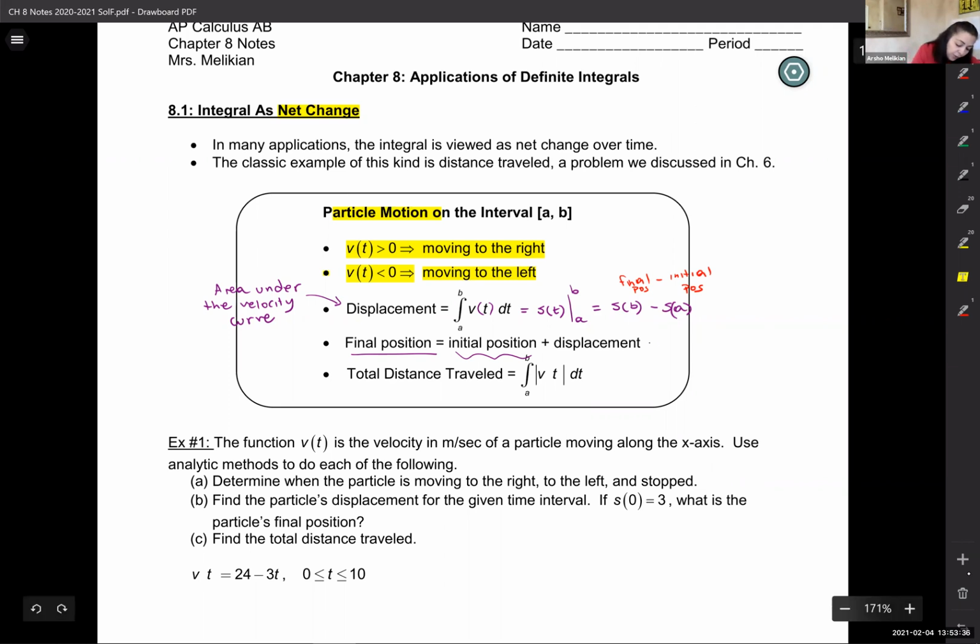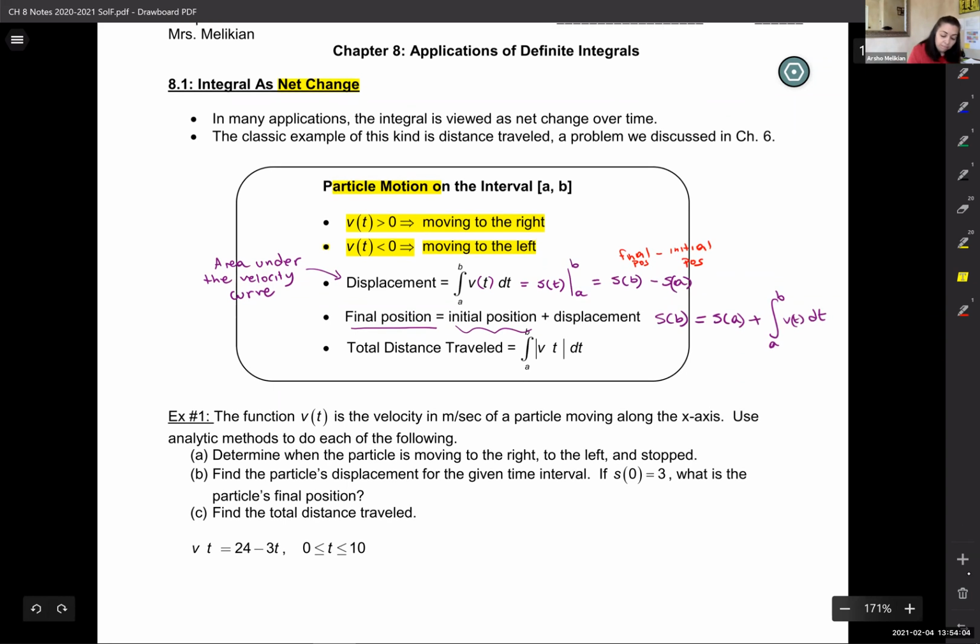So let's write it this way. Final position is initial position, which is s of A, plus the integral from A to B of v of t dt.